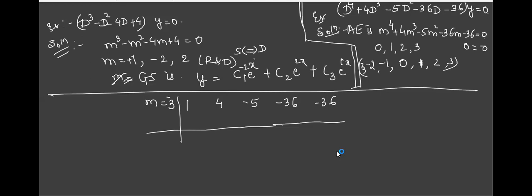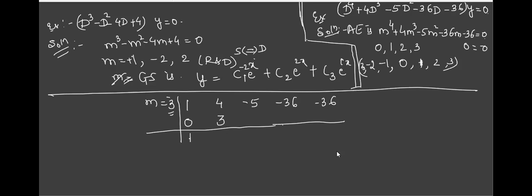Now, see what to do. For the first one, you always write 0 below that number. Now add it. What will you get? 1 plus 0, 1. Now you multiply this 1 with this number 3 and write it below the next number. 1 into 3 is how much? 3.